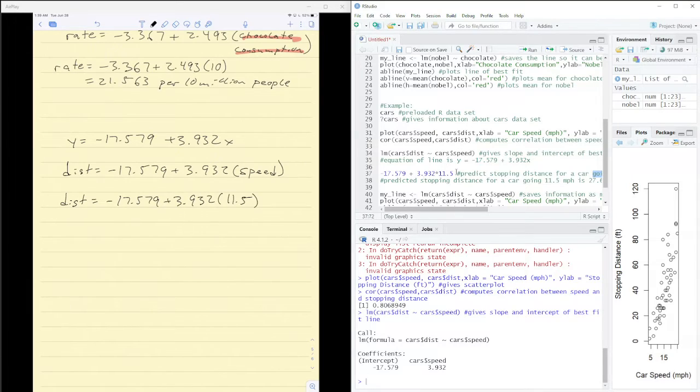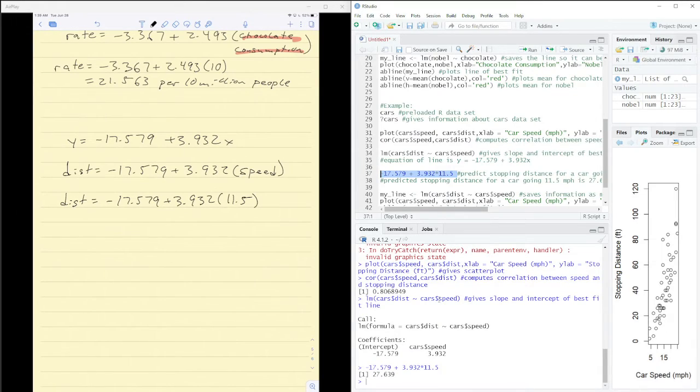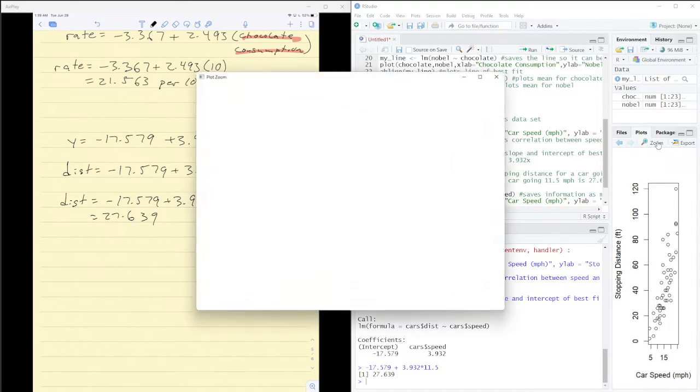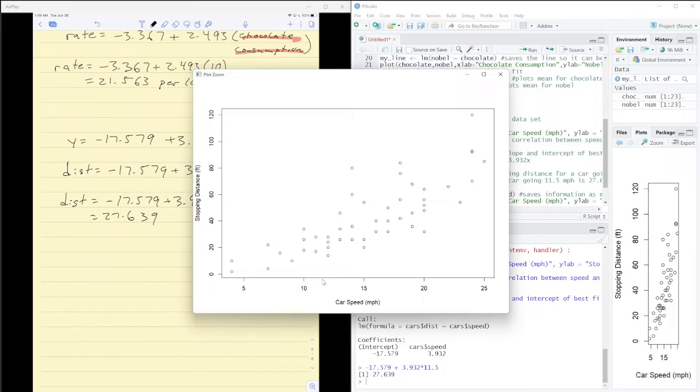And we can use R as a calculator to type that out for us. That ends up being 27.639. So we predicted, if we looked at 11.5, which is here-ish, right? We predicted what we think the stopping distance would be.